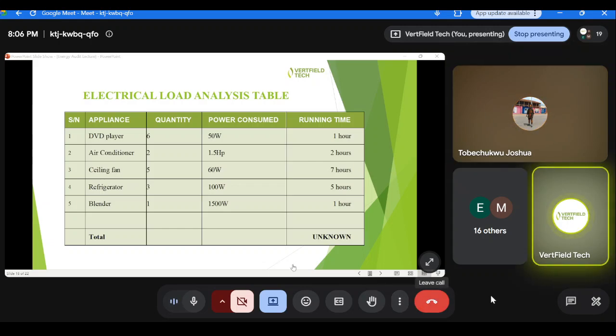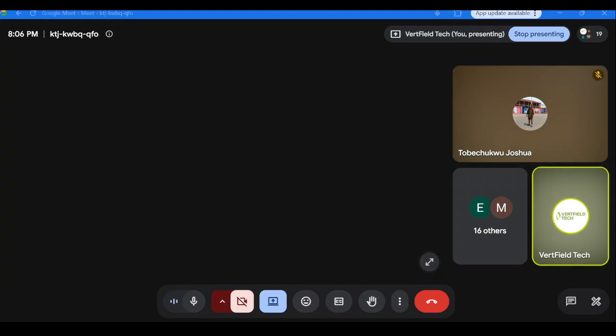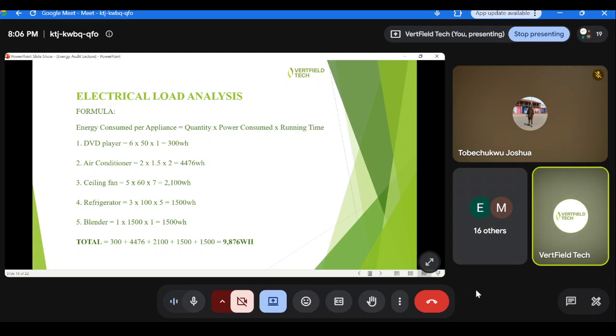All right. So that is the table, and those are the information on the table which we need to work with. So let us now go ahead to work on it using that same procedure that we have outlined. For the DVD player, 6 multiplied by 50 by 1 gives you 300 watt hour. For the air conditioner, 2 multiplied by 1.5 by 2 gives you 4,476 watt hour.